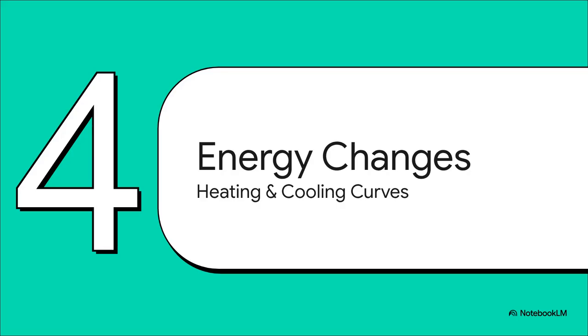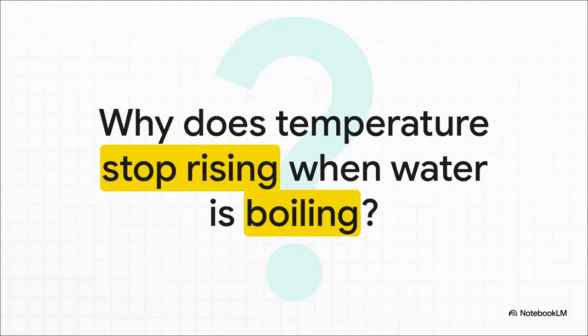So, we can actually visualize all this. And that's where something called a heating curve comes in. It's an awesome way to see what's really happening with the temperature as a substance changes state. Think about it. When you boil water, the temperature goes up and up and up until it hits 100 degrees Celsius. And then it just sits there, boiling away but not getting any hotter, even though you're still adding heat.